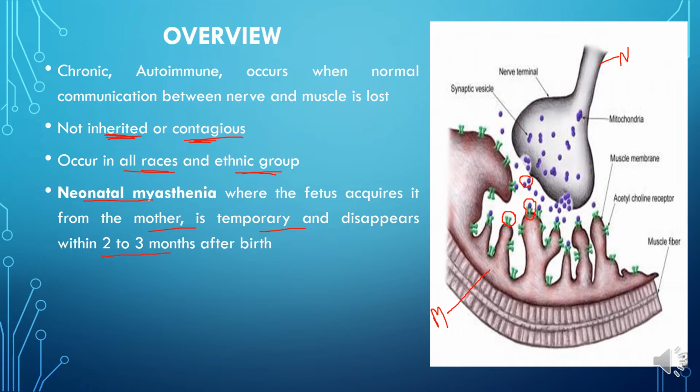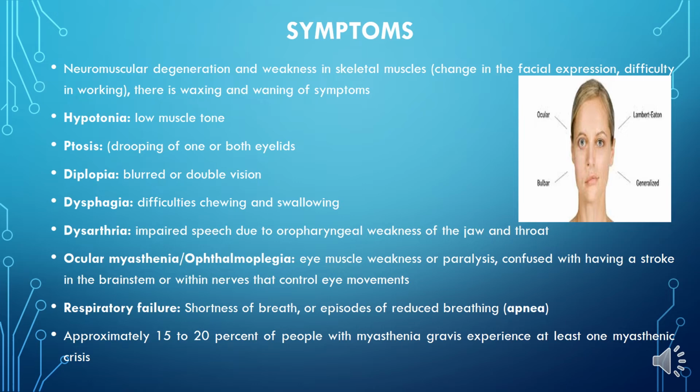But when this signaling is hindered, then we find this problem with the neuromuscular junction and muscle weakness due to improper contraction, and that is termed as the symptoms.